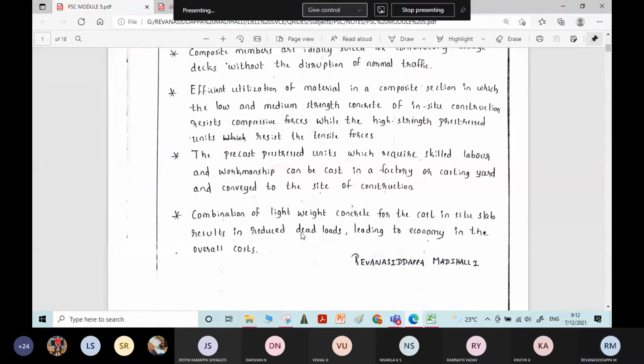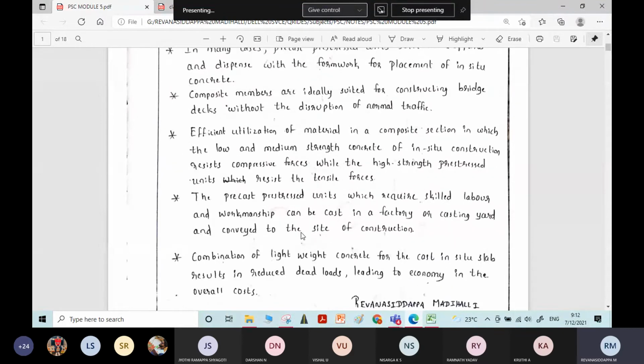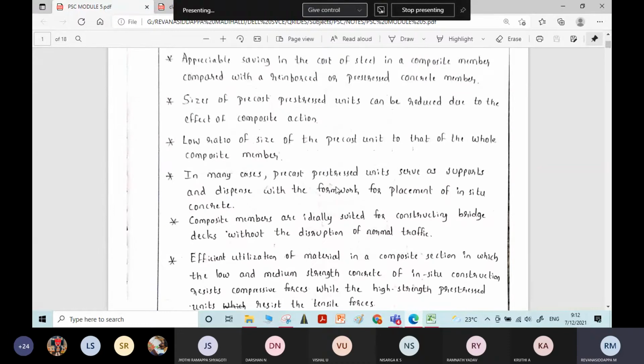With respect to these precast pre-stressed units, it requires skilled labor. Especially for slabs, they will do the pre-stressing at the site only.